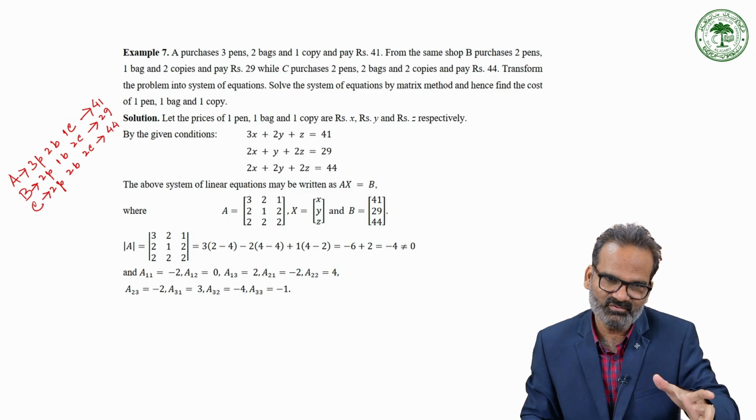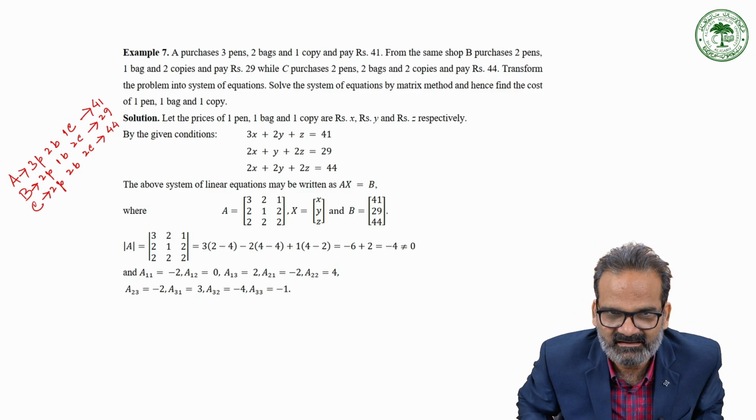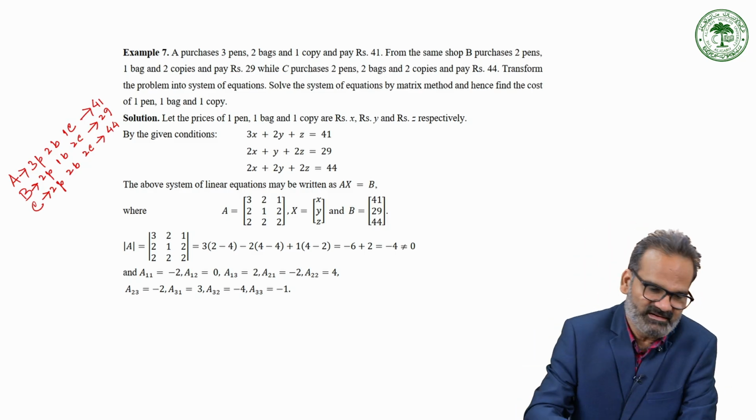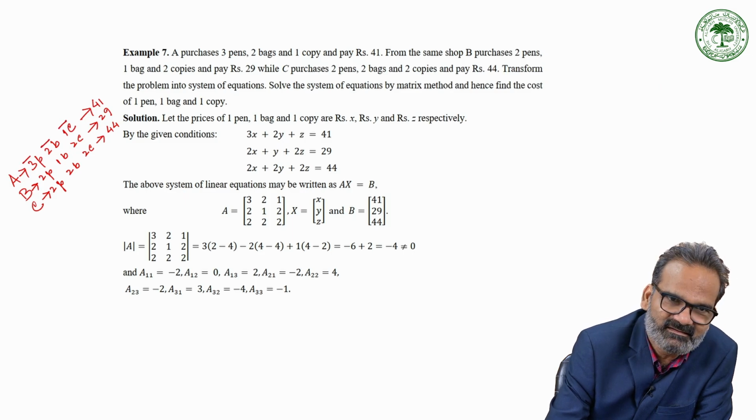Now we have to transform this word problem to the mathematical equations. So what are the items? There are 3 people, they are purchasing 3 kinds of items: pen, bag and copies. Clear?